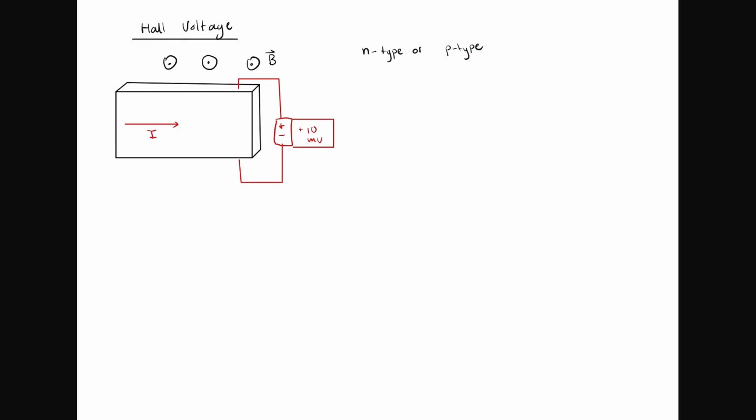I'm going to give you a second to pause the video again and work it out and figure out for yourself if it's N type or P type. If you have no familiarity with how you should do that, I'm going to walk you through it step by step. But just be prepared that in the exam, you might get a question that just has a picture like this and asks you, is it N type or P type?